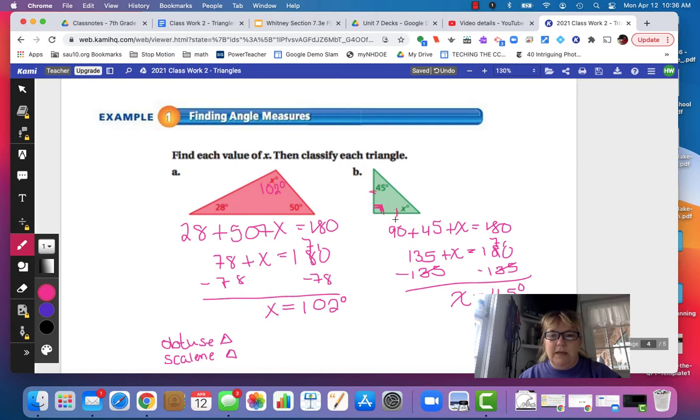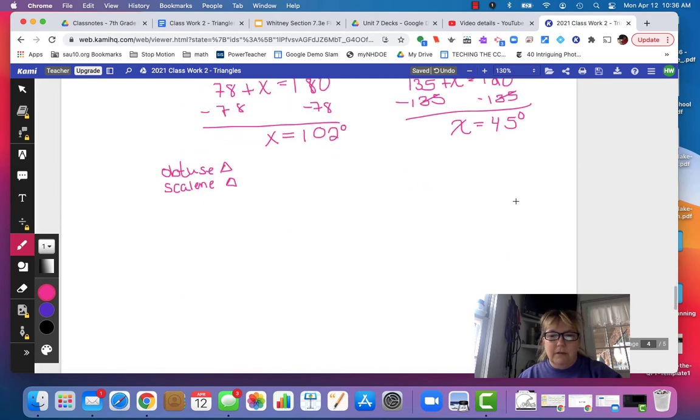So this is a right triangle because there's a right angle, and it is an isosceles triangle, because two sides are congruent. And that is one of our rock star triangles, a 90, 45, 45 degree triangle.